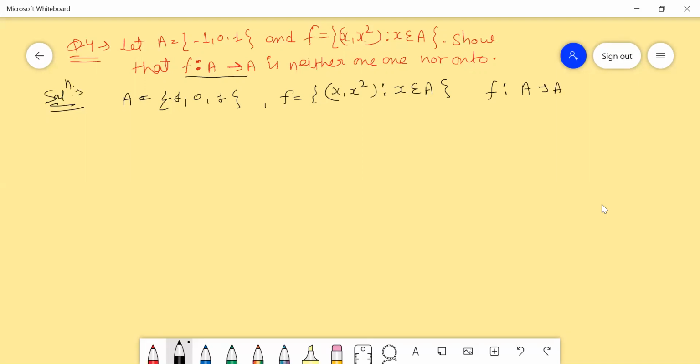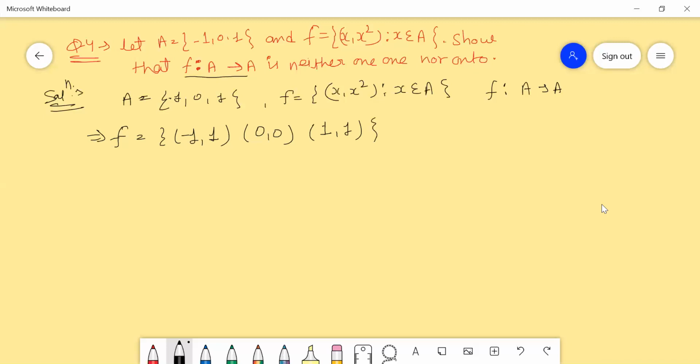So we have to take all the elements from A. So if we create our function as a set of x square, then when x is -1, x square is 1, and when x is 0, x square is also 0, and when x is 1, x square is 1, right?